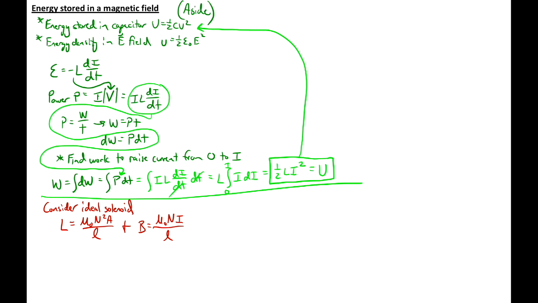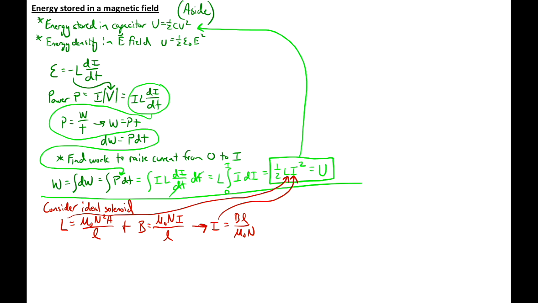Solve this one for I. So we've got I is going to be BL over mu naught N. And we're going to plug that in right there. And then for L, we're going to plug it in there. And I will let you do that work.